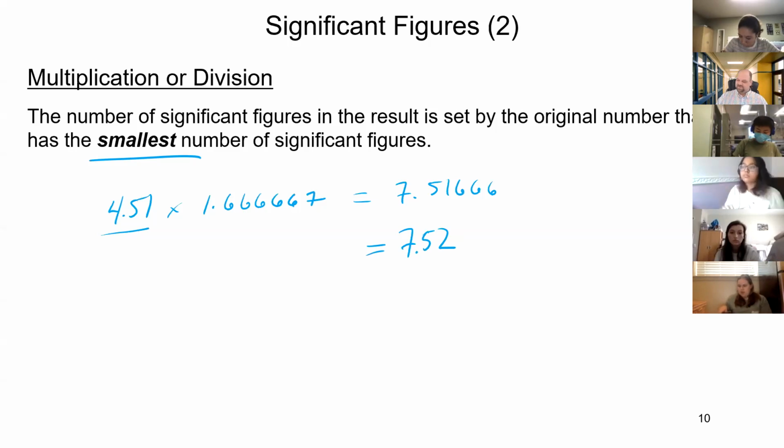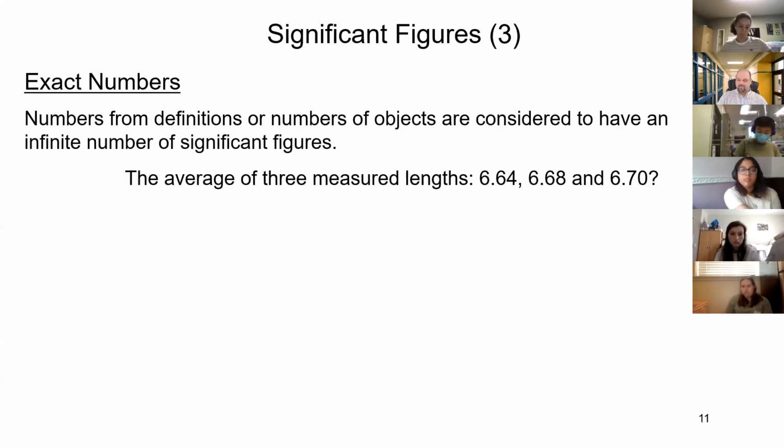Same is true for division. We're always going to round it to the lowest number of sig figs. This is what we were talking about a little bit earlier when we talked about exact numbers. If I have a counting number or an exact number, then that doesn't contribute to sig figs.